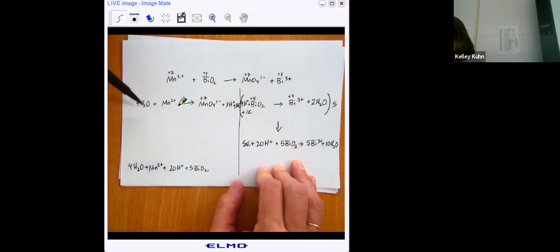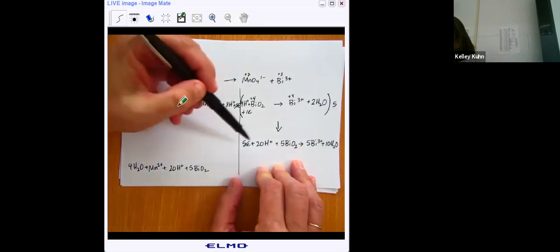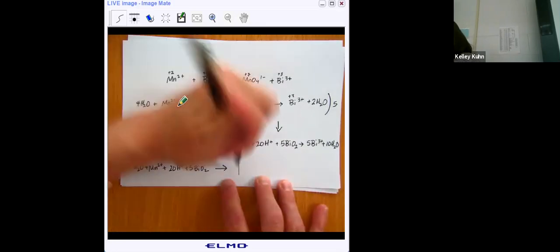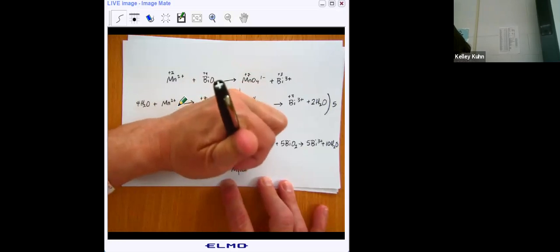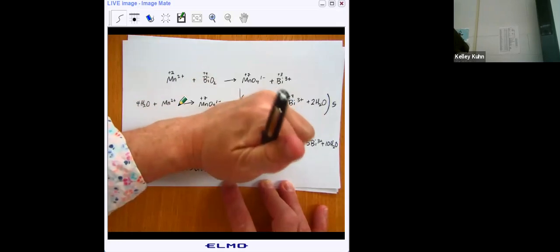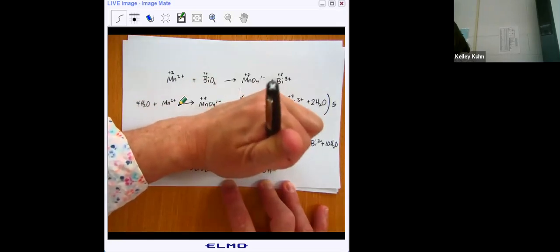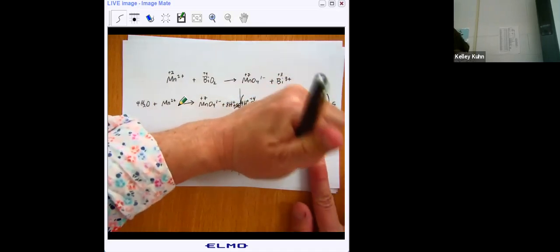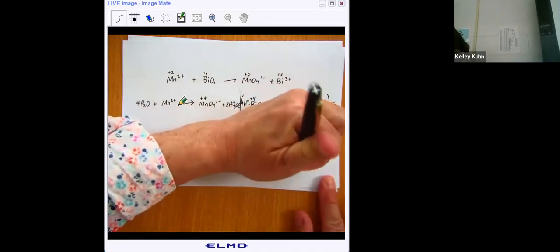That's everything on the left, right? And then on the right, I'm going to have my permanganate plus 8 hydrogens plus 5 bismuths plus 10 waters.